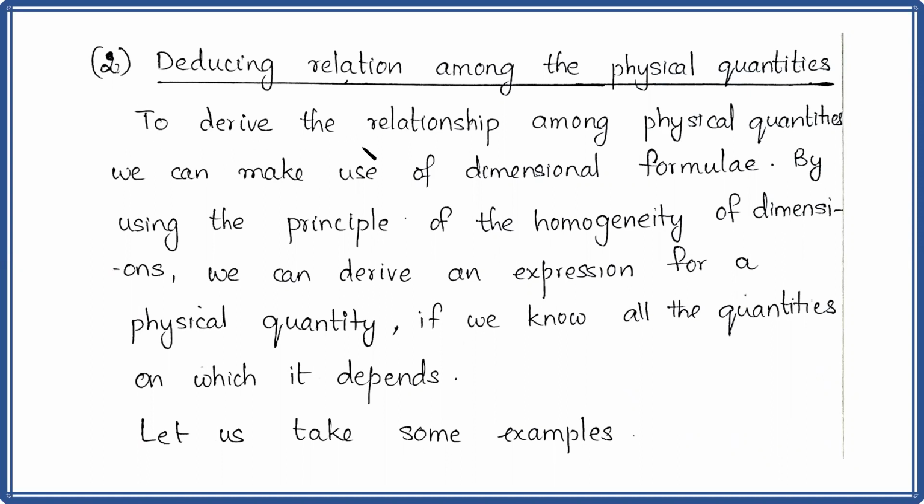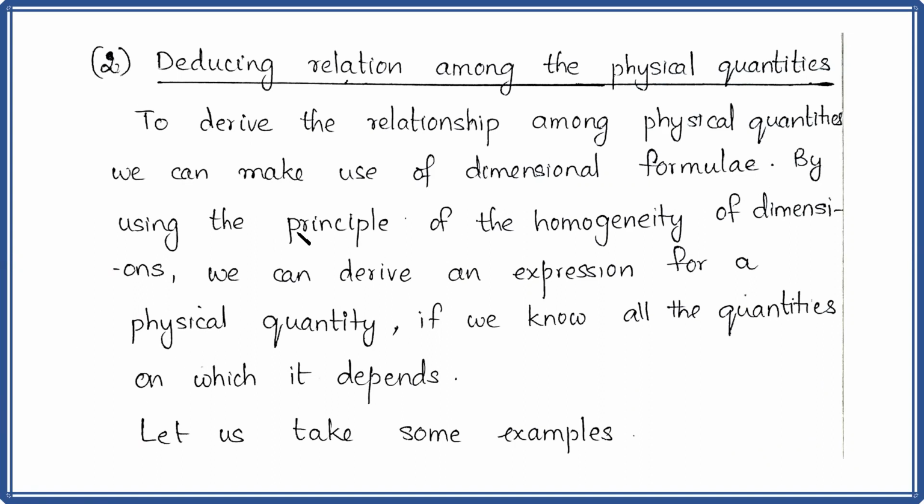To derive the relationship among physical quantities, we can make use of dimensional formula. By using the principle of homogeneity of dimensions, we can derive an expression for a physical quantity if we know all the quantities on which it depends. So what does it mean?